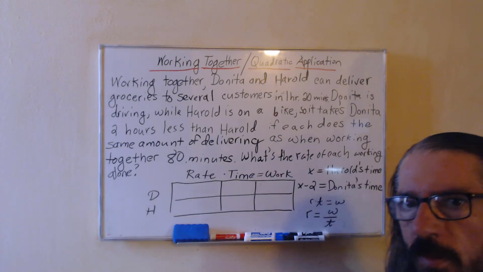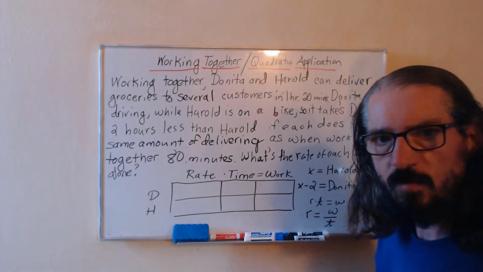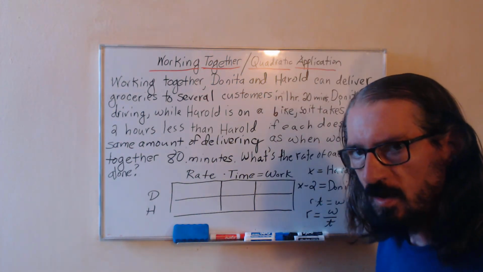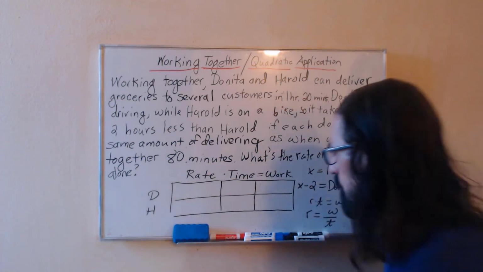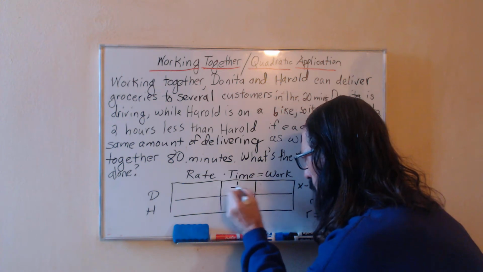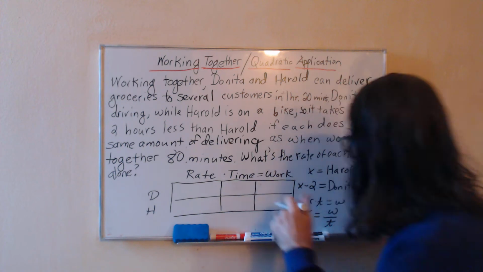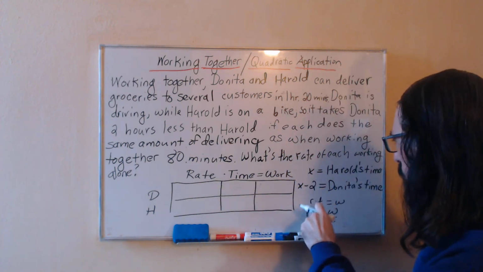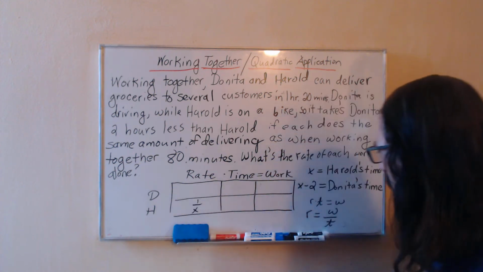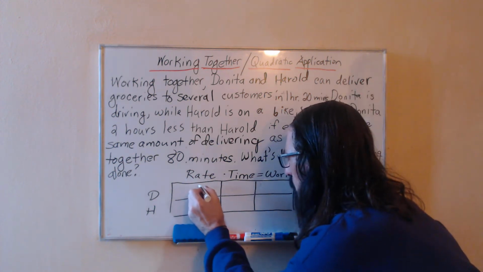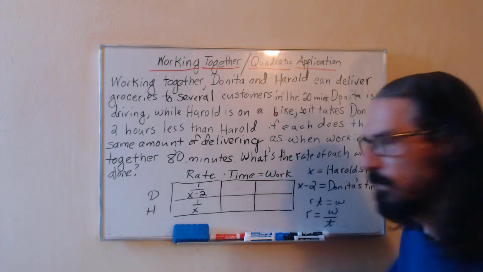Well, think of 100% of the delivery job being done. 100%, or one whole job. So for the rate, Harold would have 1 over x, and Donita would have 1 over x minus 2.